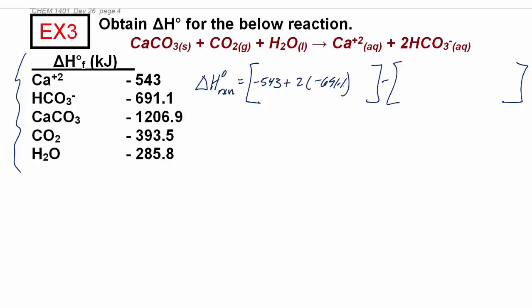Our reactants, calcium carbonate, a negative 1206.9, and carbon dioxide, a negative 393.5, and water, negative 285.8. A negative 39, and it's kilojoules.